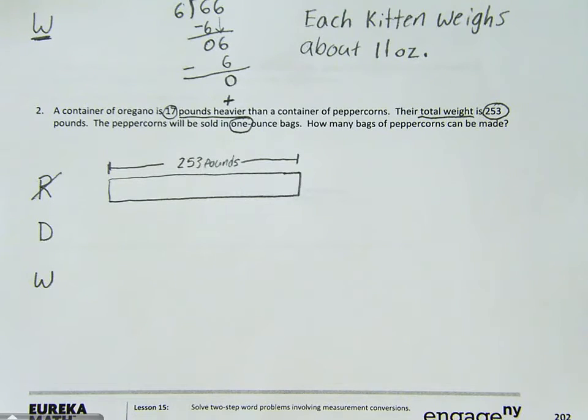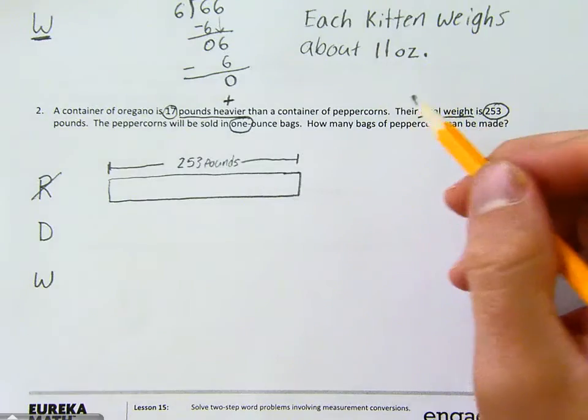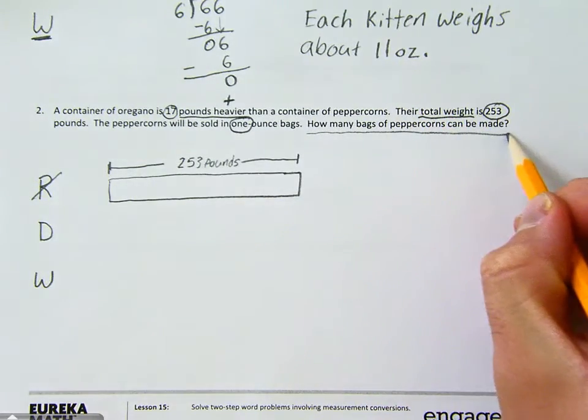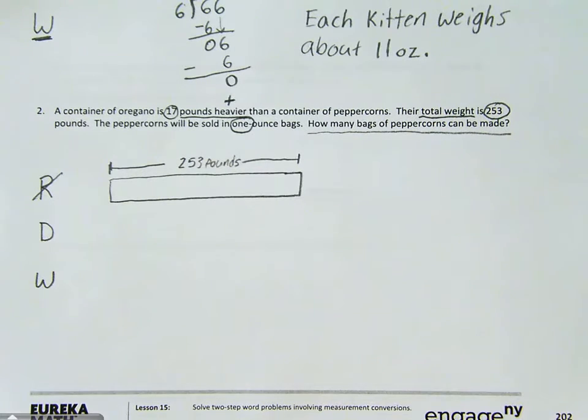So, what is our question asking us? It says, how many bags of peppercorns can be made? Does it ask us anything about oregano? It does not ask us anything about the oregano. So we do have some extra information here that we don't need. So this is where it can be a little bit tricky.